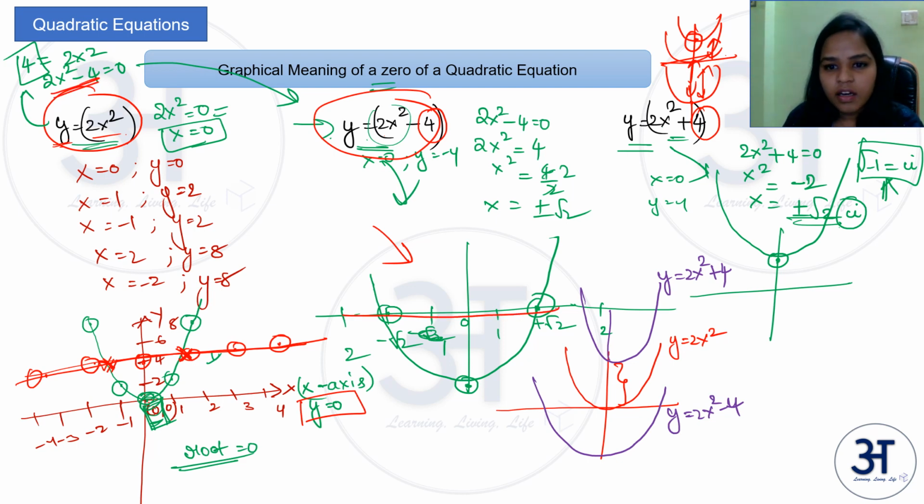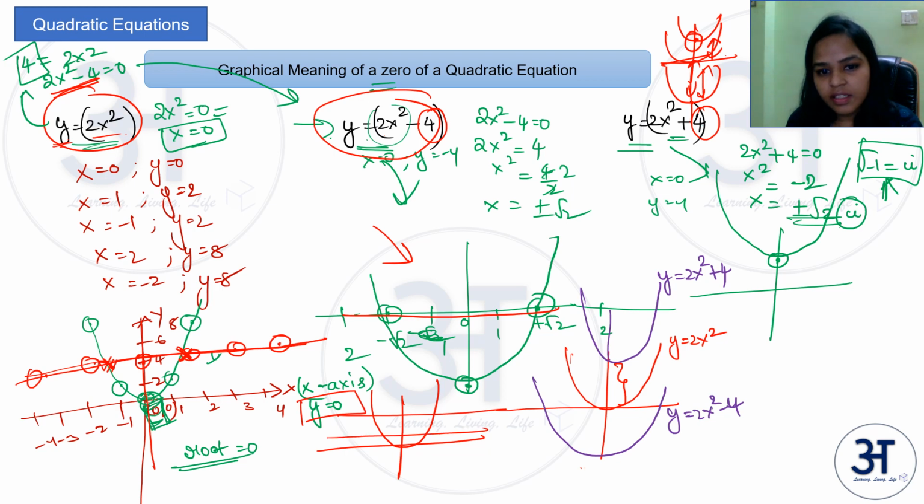So essentially, in one case we are just moving the parabola up and down. The other way to look at it is you take a parabola and you draw different lines. Wherever it is cutting, it is the root of that particular equation. Say if this is y equal to mx square, say this y is equal to 1.